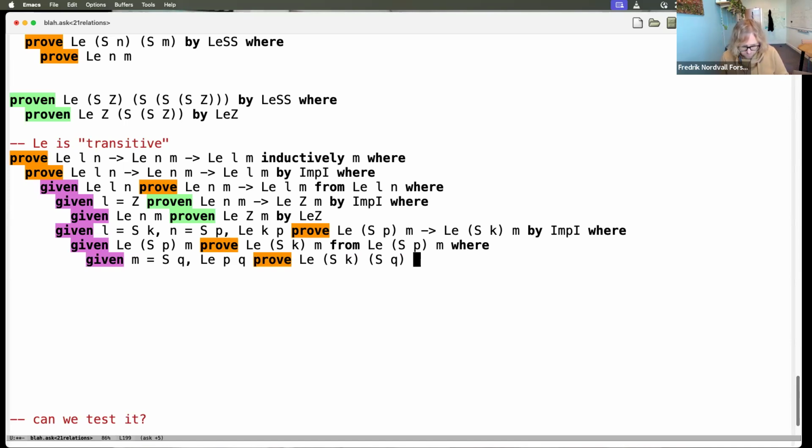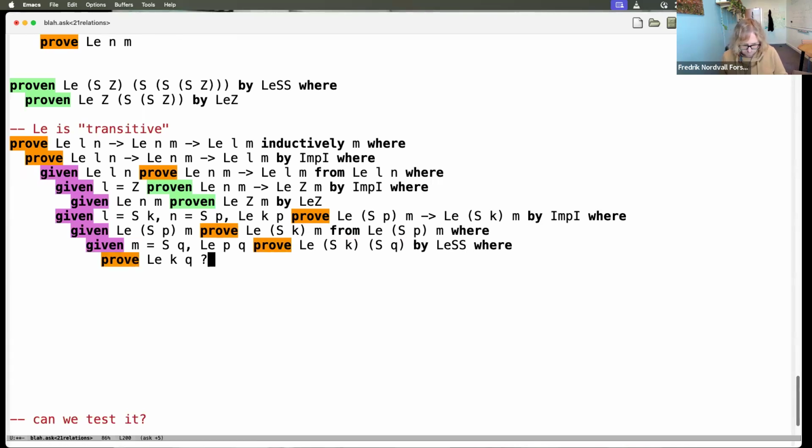Okay, so we're in a situation where we've got 2 successors in our goal. So that means we can strip off the outer spuds using the double successor rule. Now we've got to the stage where our goal has something that's 1 smaller than m.